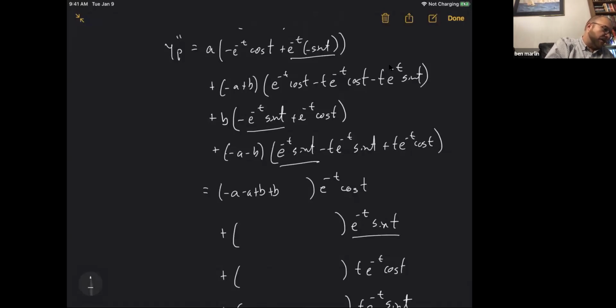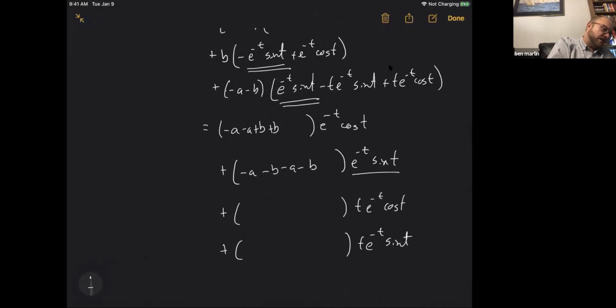And so we will end up with a minus a from the first one and a plus b. Nope, that's wrong. A minus b from the second one, and then a minus b on that one.